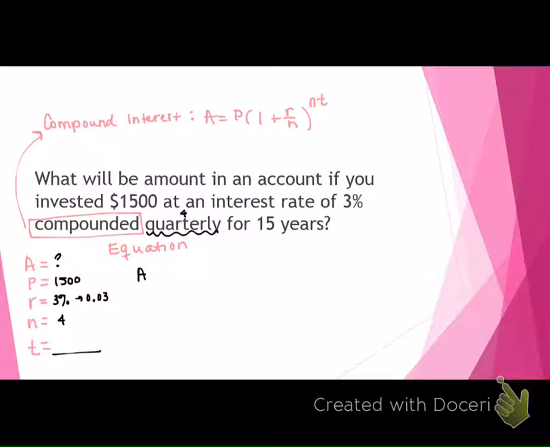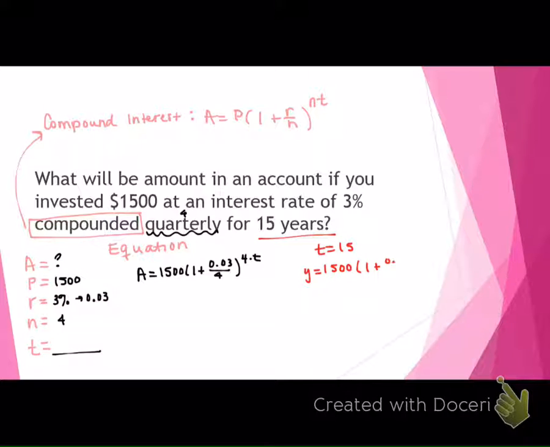So we have A equals 1,500 times 1 plus 0.03 over 4 to the 4 times T. Okay, before you guys start plugging this into your calculator, please pay attention to me really quickly. Do not just start plugging. Please pay attention. So it's for 15 years, which is T equals 15. So we'll replace the T with the 15.